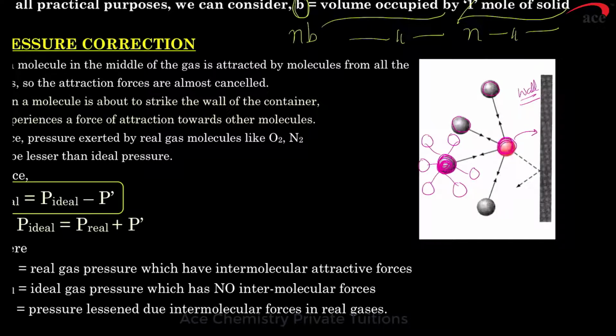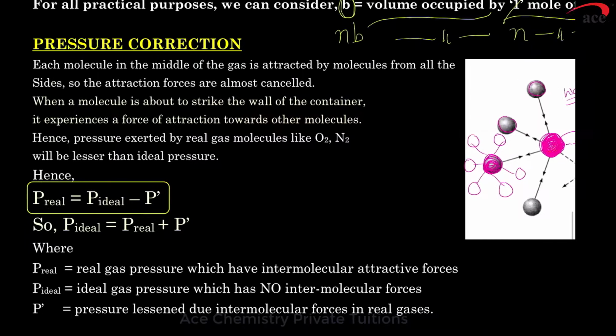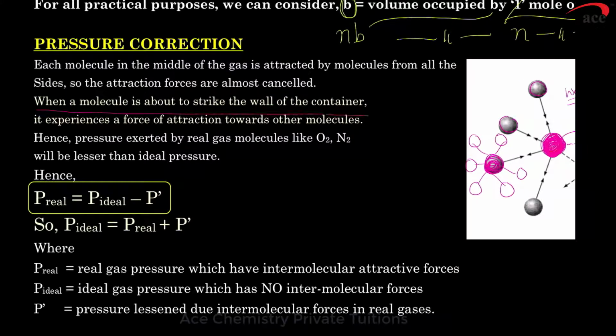This molecule which I have shaded is closer to the wall and it has intermolecular forces from this side. Because there are attractive forces, the force with which this molecule hits the wall will be lesser. When a molecule is about to strike the wall of the container, it experiences a force of attraction towards other molecules, and therefore the force exerted on the wall will be lesser, and therefore the pressure exerted will be lesser. That means in a real gas, the pressure exerted will be lesser than in an ideal gas.